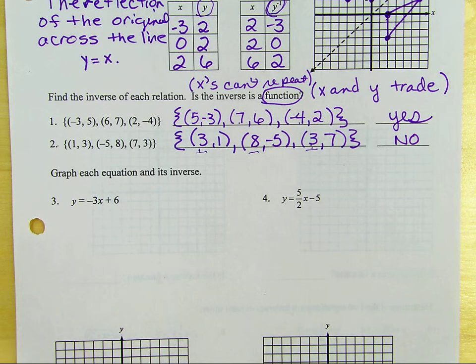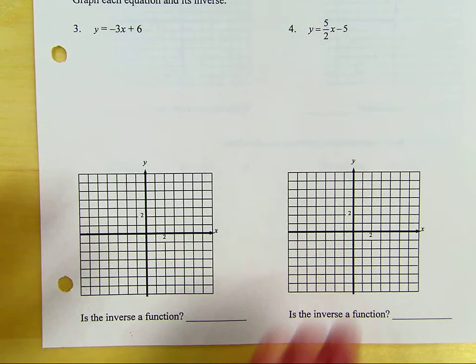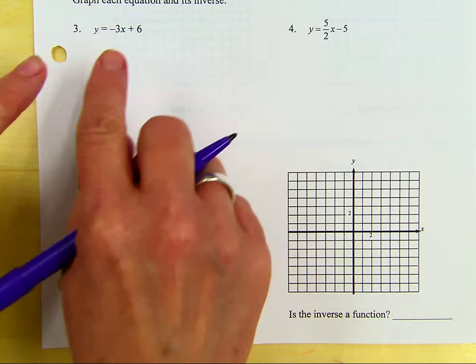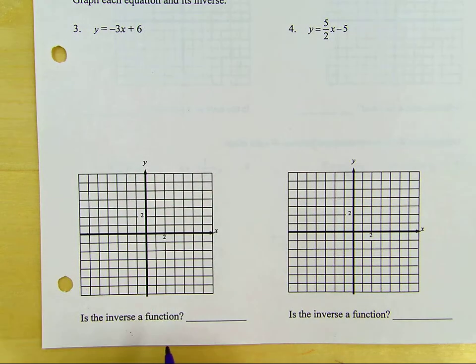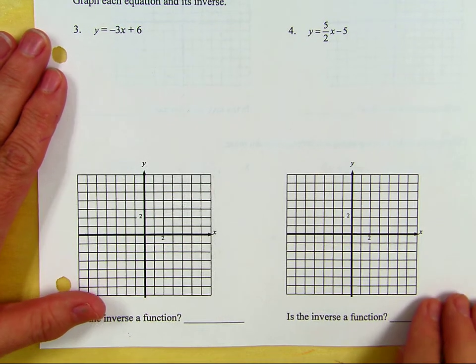Now we're going to use the graphs and the fact that the inverse is the reflection across the line y equals x as a way of showing the inverse both algebraically and graphically. So we're going to follow 3 steps.